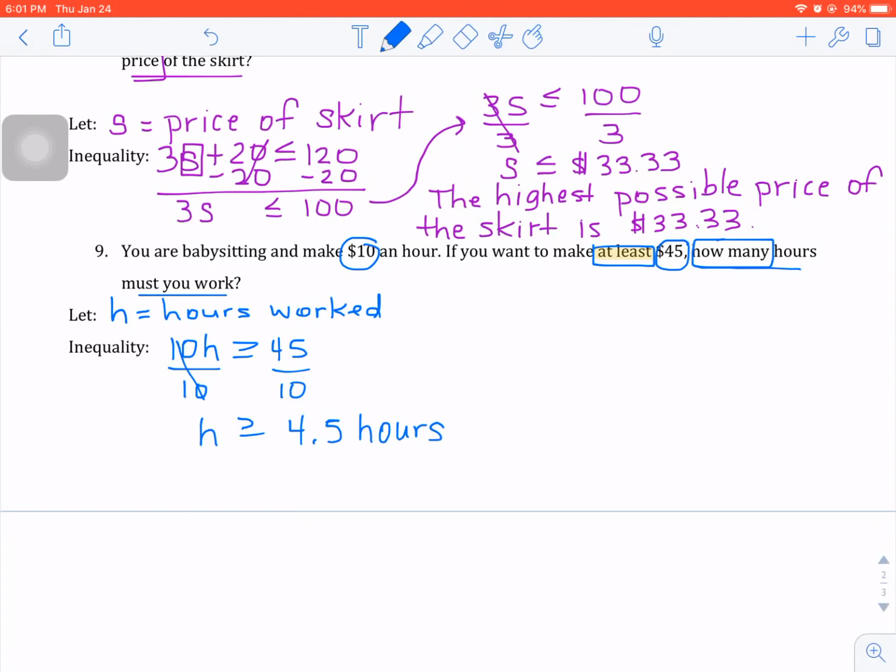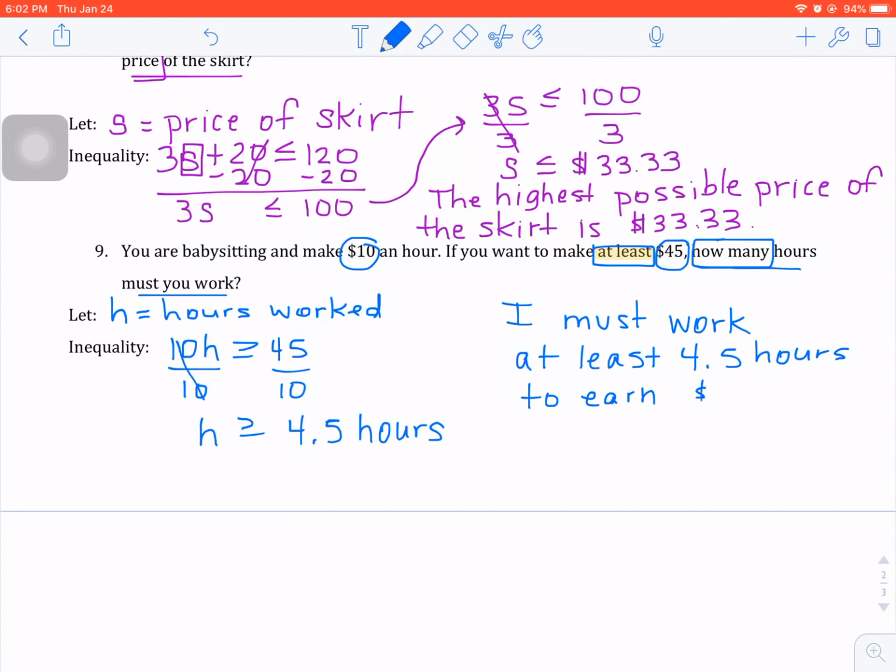So if we wanted to write our answer as a complete sentence, we can say, I must work at least 4.5 hours to earn $45.